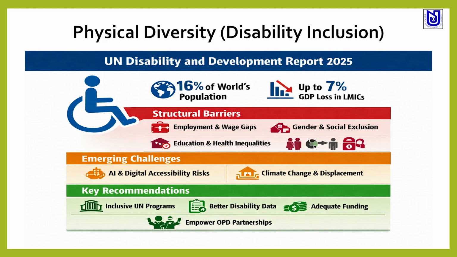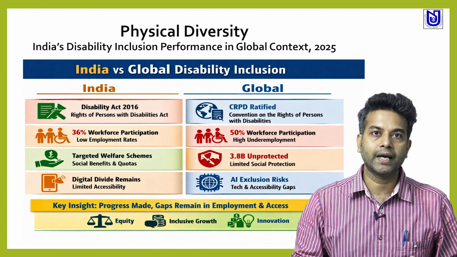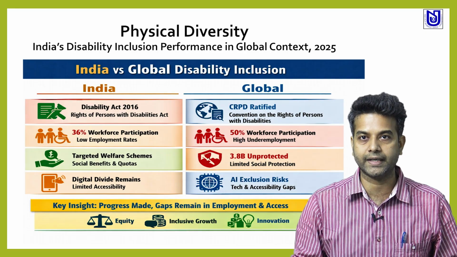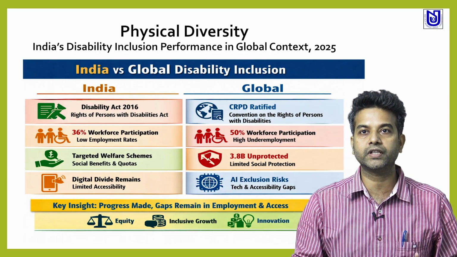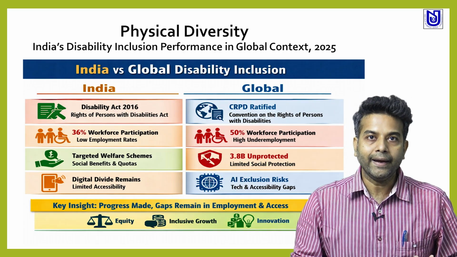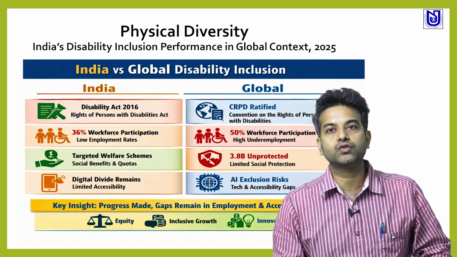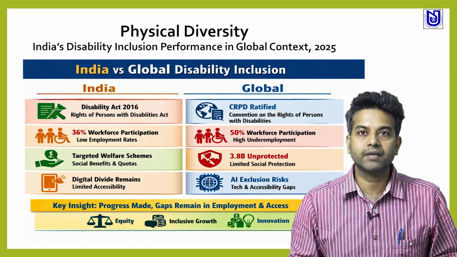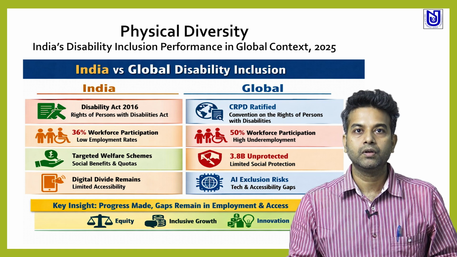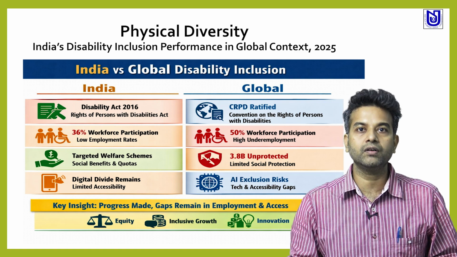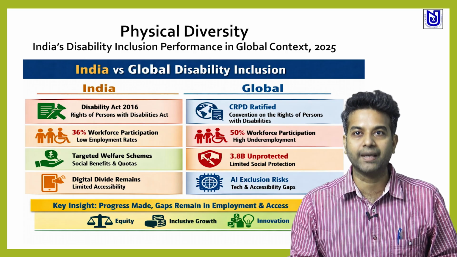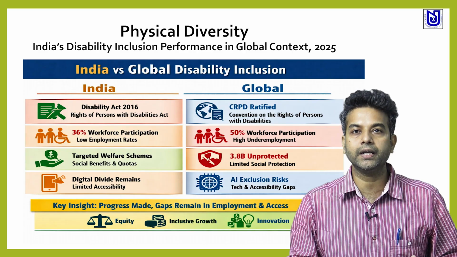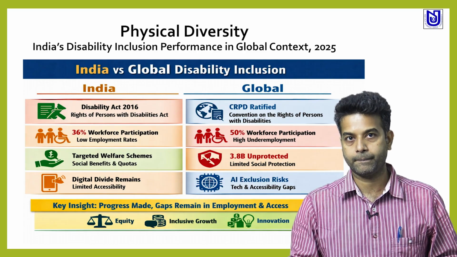that is OPDs. Here, India's disability inclusion performance in global context that was reported in 2025: the enactment of the Rights of Persons with Disabilities Act 2016 and the Accessible India campaign, with the major impact of the Convention on the Rights of Persons with Disabilities, that is CRPD, make a significant impact in this respect.